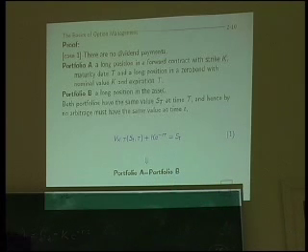So we consider two portfolios, A and B. What is portfolio A? Portfolio A is a long position in a forward contract with strike K, maturity capital T, and a long position in a zero bond with face value K. What does it mean?